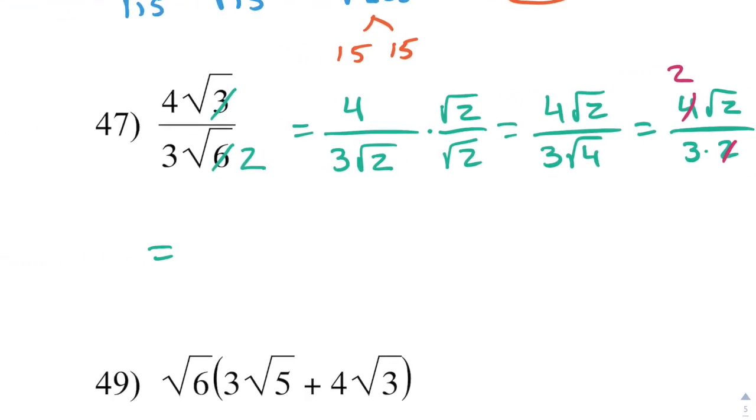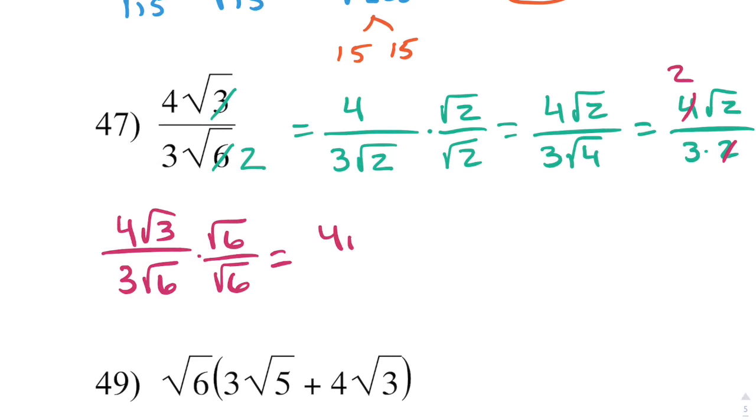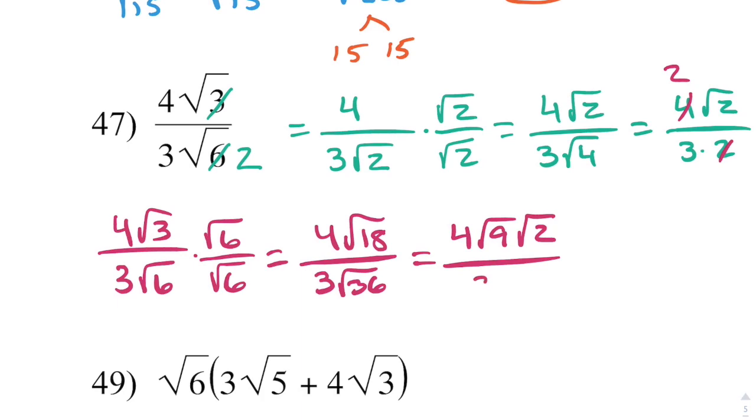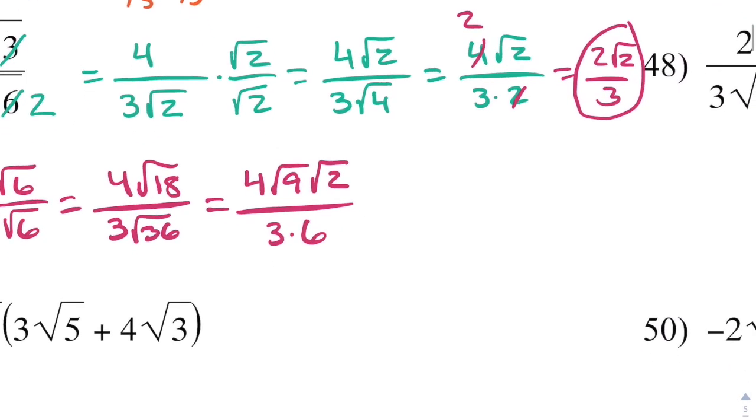Maybe an easier way was actually to not simplify it and to just rationalize. So 4 square roots of 3 over 3 square roots of 6. If I just multiply it by the square root of 6 over the square root of 6, I get 4 square roots of 18 over 3 square roots of 36. 18 breaks into 9 and 2, and 36 ends up being 6.